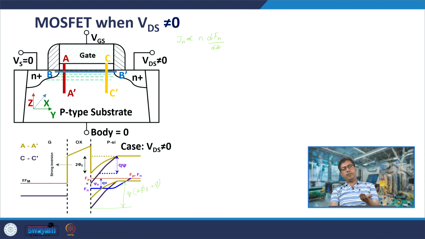If the gradual channel approximation is valid, the electron current from C prime to C would be negligible, and the electron current density would also be constant.